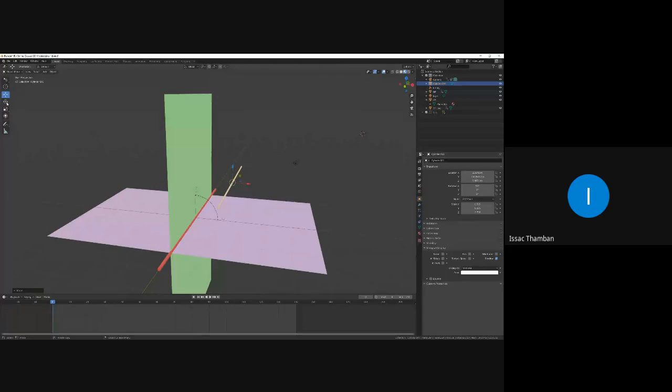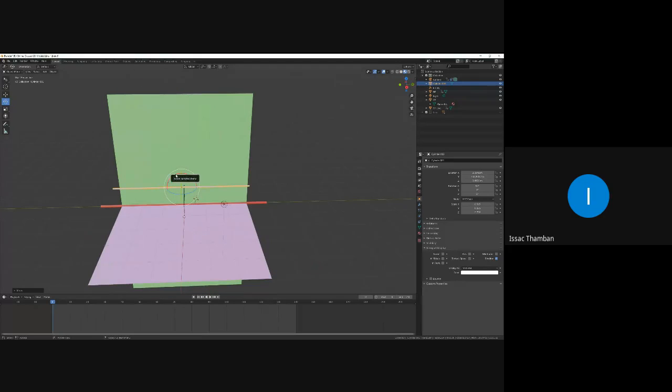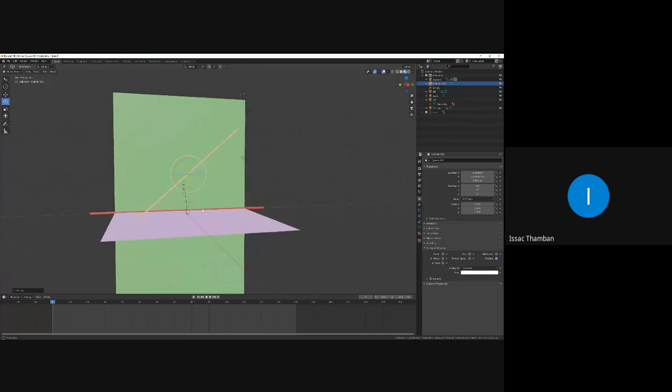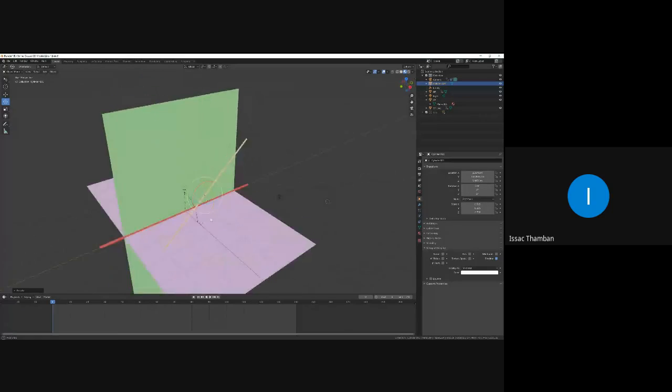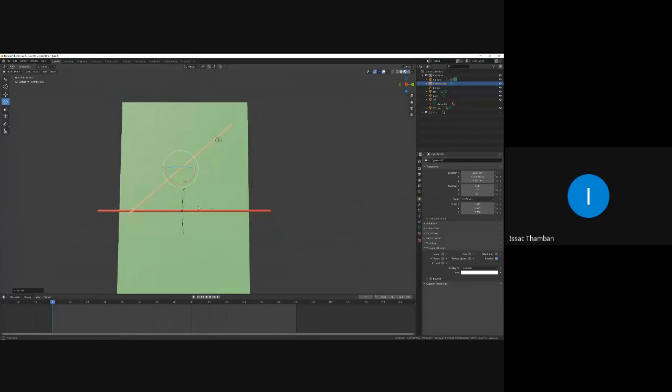Now consider that the line is inclined to SP. If the line is inclined to SP, then you see this. Here the line is parallel to VP but inclined to SP.